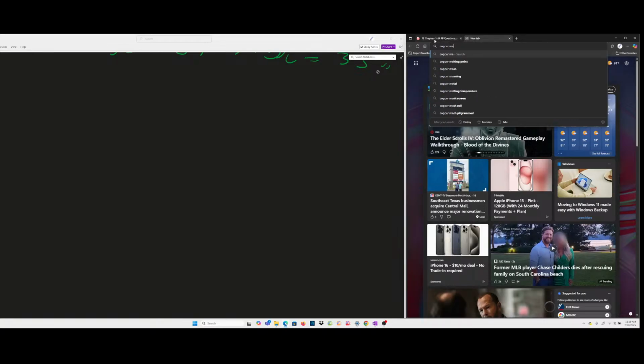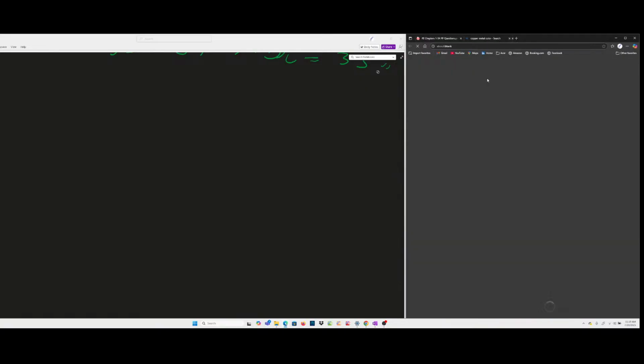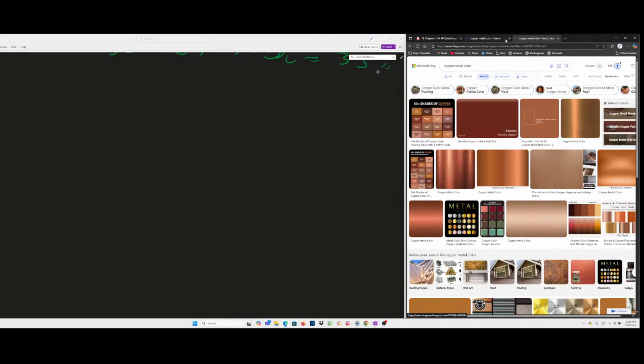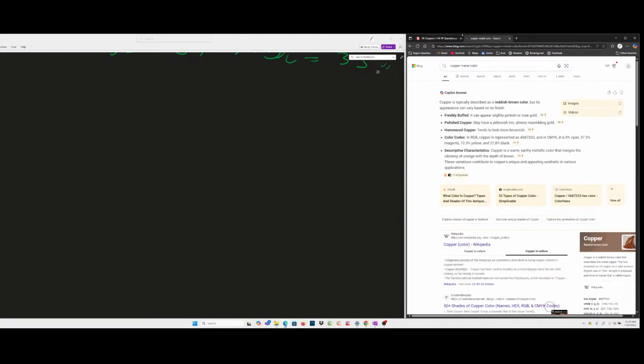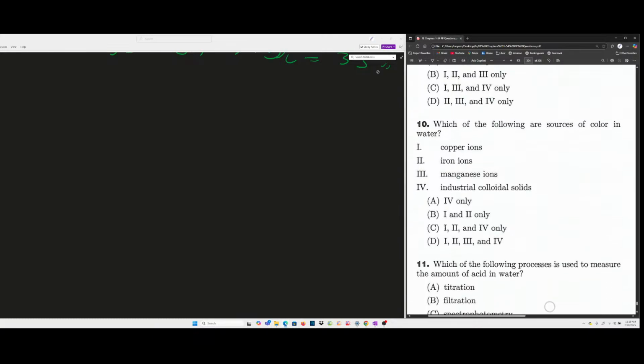Copper metal color. That is blue. Okay, copper has a color. If copper has a color, definitely it's going to affect the color of water. Iron has a color. Magnesium has a color. Industrial colloidal solution can cause color because it makes it cloudy. So I'm going to say it's D. All of it. Pretty sure it's D.